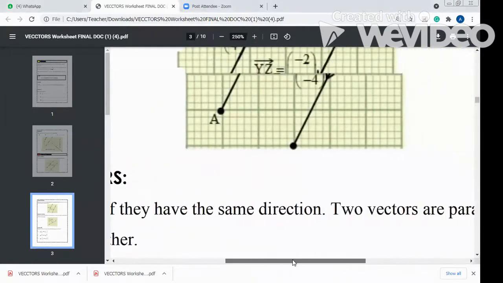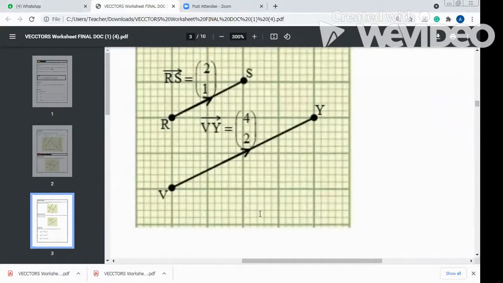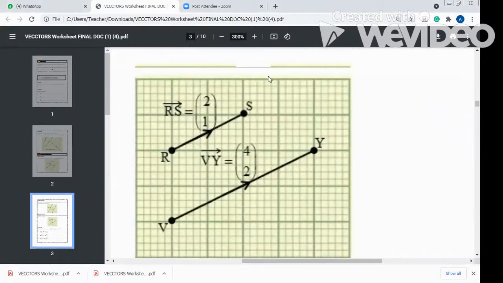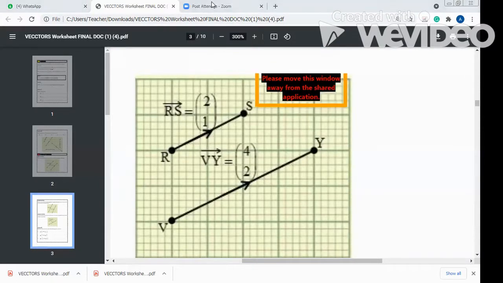It's not so clear. All right, that's a bit clearer. So what happens if you look at RS? RS is 2, 1, but VY is what? 2, 4. Would you agree with me that if you multiply RS by 2, you get VY?